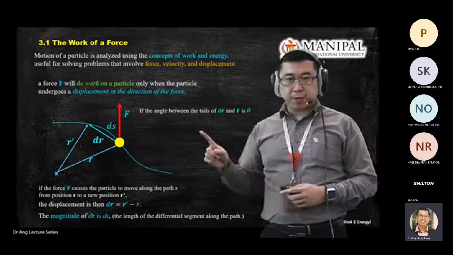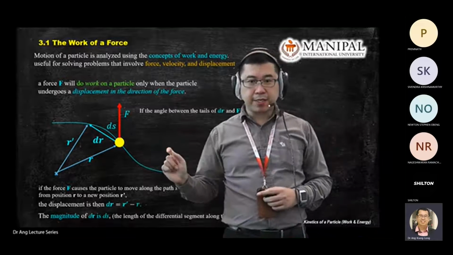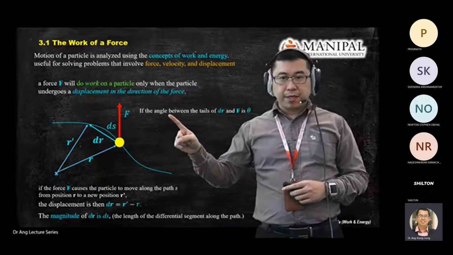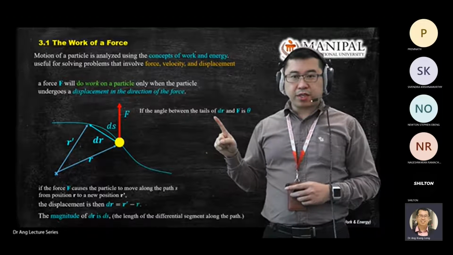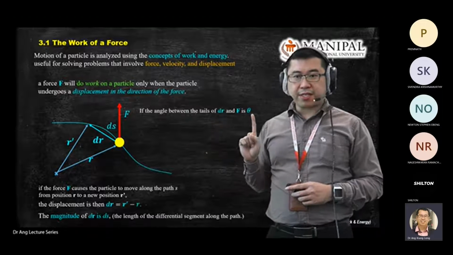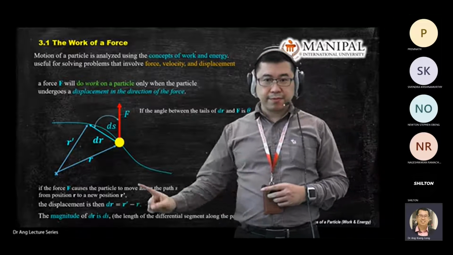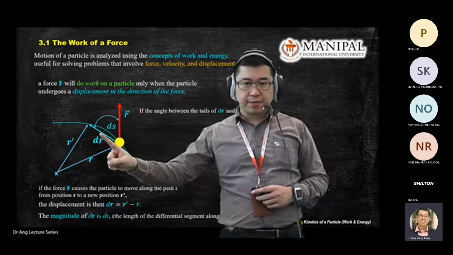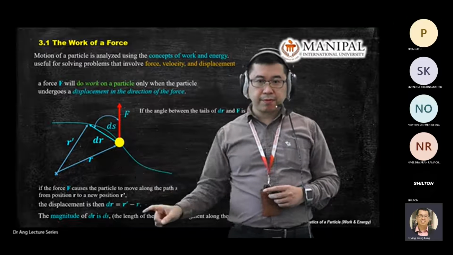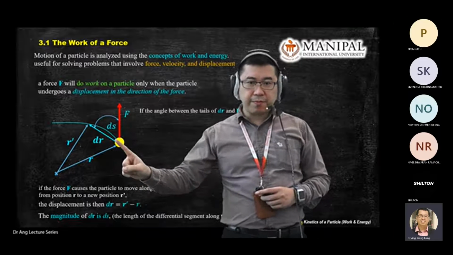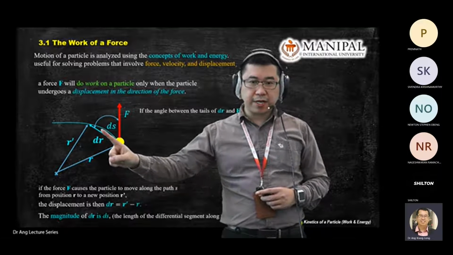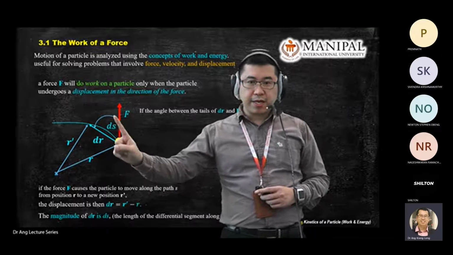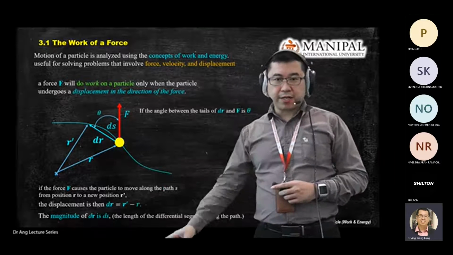Now we start to look at one more parameter inside this diagram. If the angle between the tails of the R and F is theta, from here, the tail of the R and F, you have a theta like that.